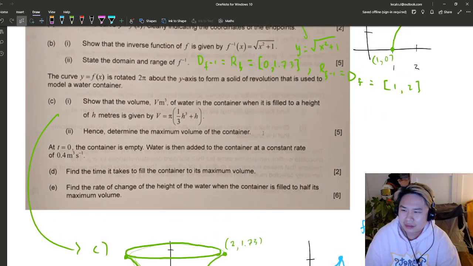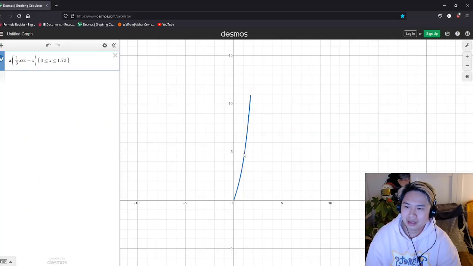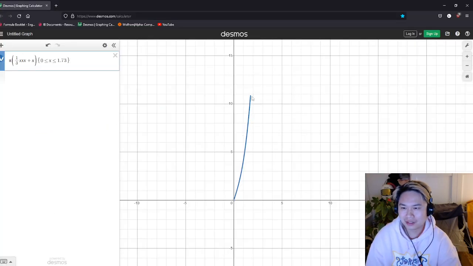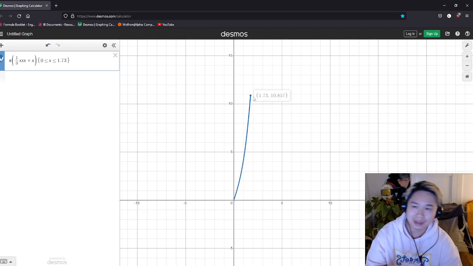Wait, why? This is stupid. You don't, because wouldn't it just be the most at the highest height? Because then you have the most vase available. Yeah, sure, whatever. Okay, here it is. At this height you get a volume of 10.9.